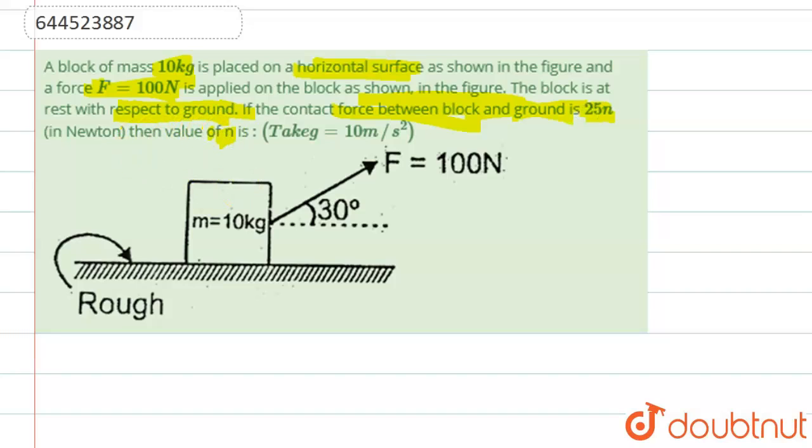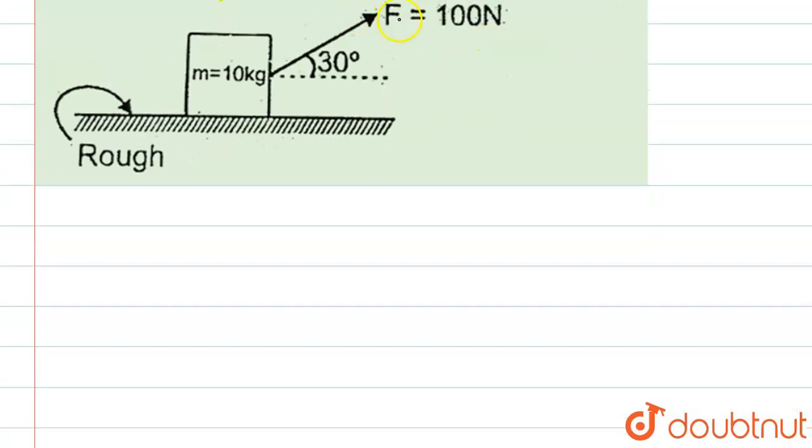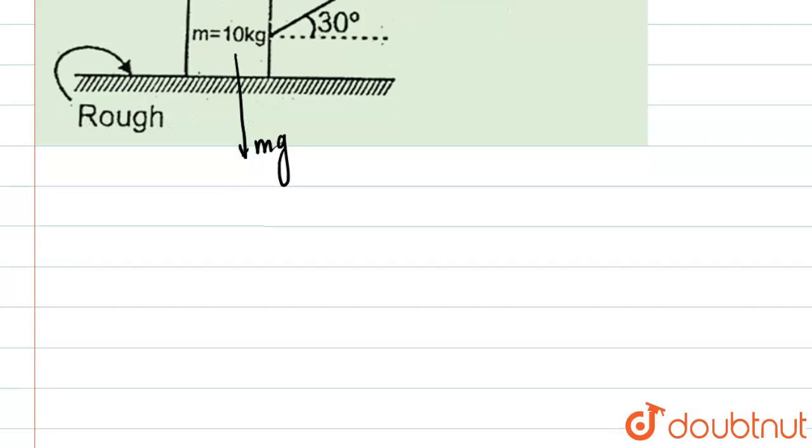So if we see the block, there is a force acting over here. There will be a downward force also, which is equal to mg. And finally there will be a resultant force due to the contact force. To do this in a simple way, firstly we will draw the FBD.